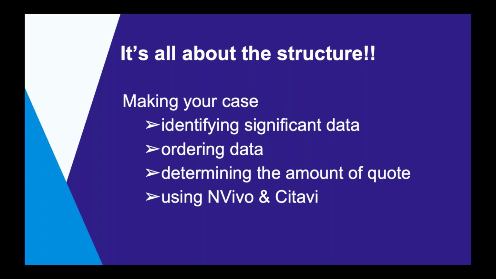So help the reader out by using quotes to the amount that you actually need to make your point. You don't need everything. And then, of course, using NVivo and Citavi again.